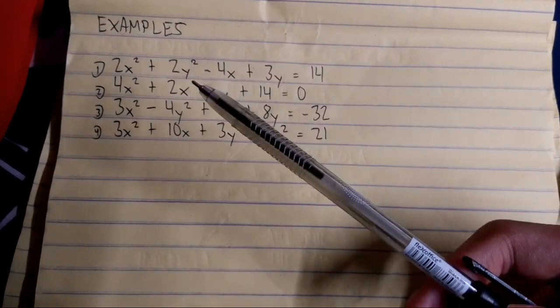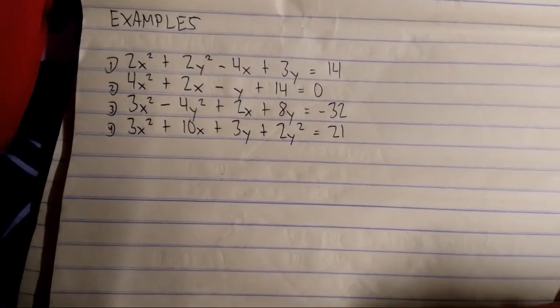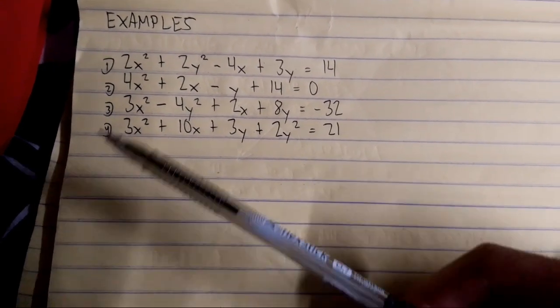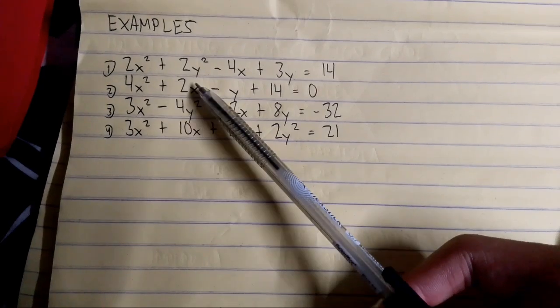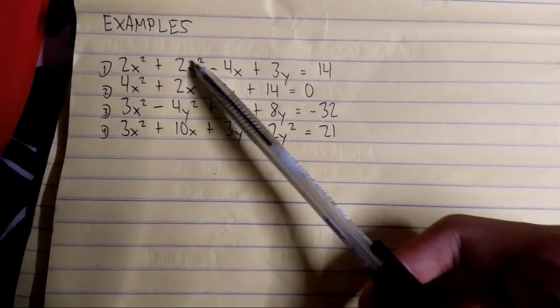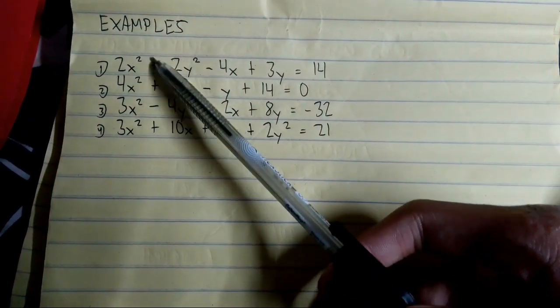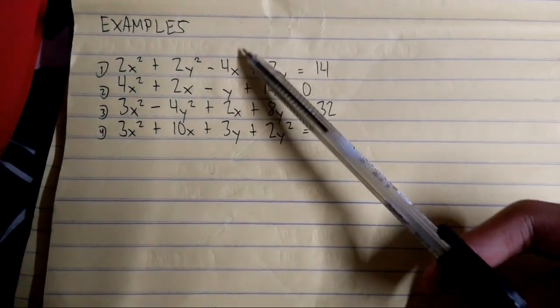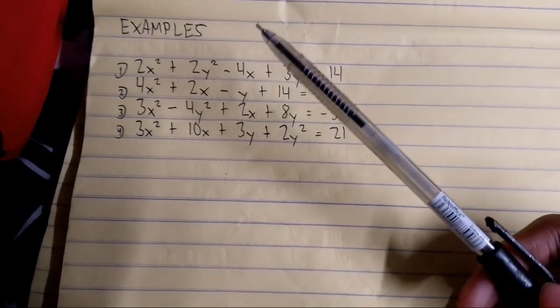Again, the first question is, are both variables squared? As you can see here, the x and y are squared, having 2 as their exponent. That's why it's yes.